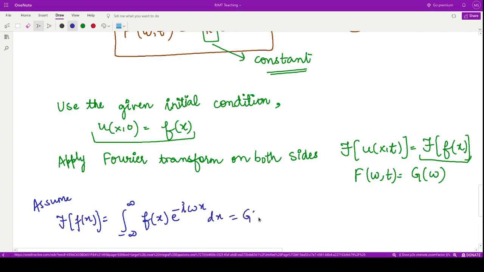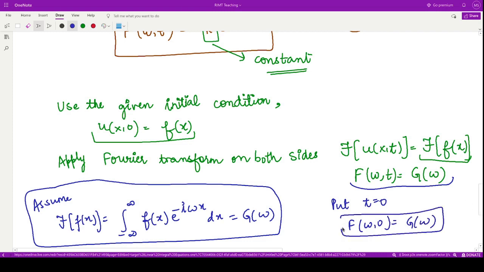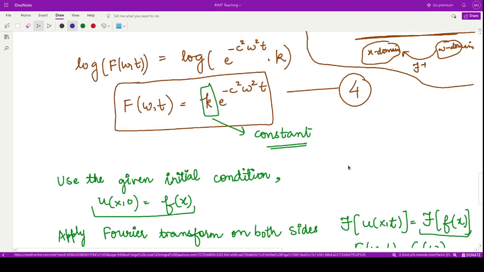I'm calling this g(ω). So that means you have F(ω, t) is equal to g(ω). Now if you substitute t equal to 0 here, you have F(ω, 0) is equal to g(ω). So this is one value.